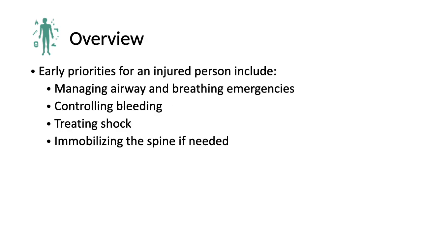Generally, when we handle a patient with trauma, the early priorities for an injured person include the same we do for every person, the ABCDE approach. We would like to make sure airway is patent and his breathing is adequate and efficient. At the same time, we would like to control any obvious bleeding and treat shock as early as possible, and recognize that in a trauma patient, we have to immobilize the spine when this is indicated.